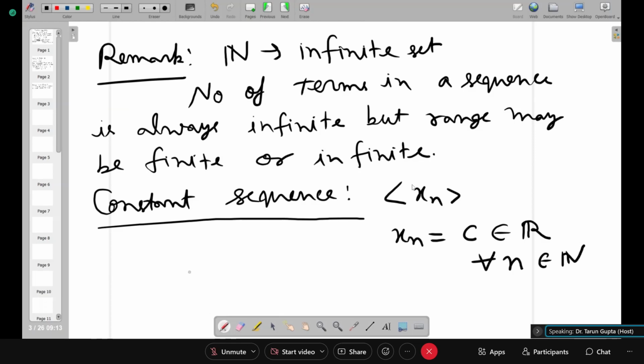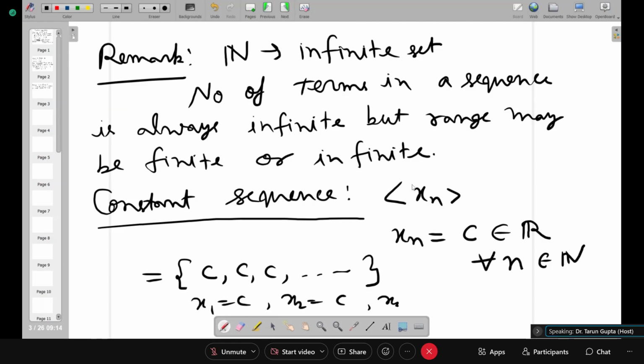Means if we write the terms of the sequence, they will be c, c, c, infinite number of times. Means x1 is c, x2 is c, x3 is c. So this is a constant sequence.